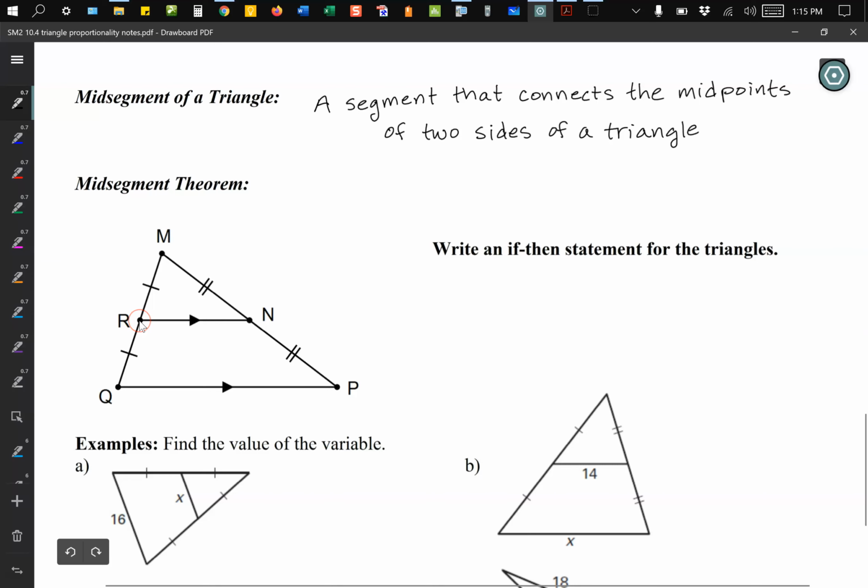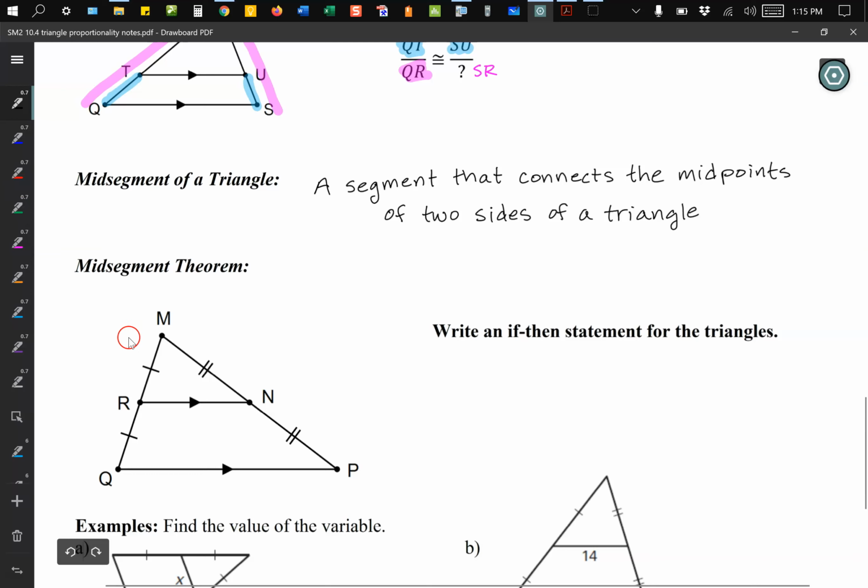So segment R is right in the middle of side MQ. And you can tell that R is the midpoint of that side because of these marks right here. So those two marks right there mean that those two pieces are the same length.